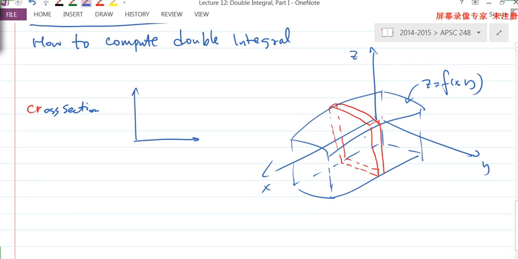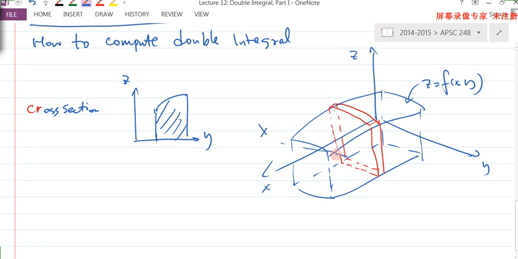So I'm going to look at this cross section in this particular case to make it easier. I'm going to look at it in the z-y plane here. So that cross section, maybe it's like this. And where is the cross section being cut? It's cut at an arbitrary x location.